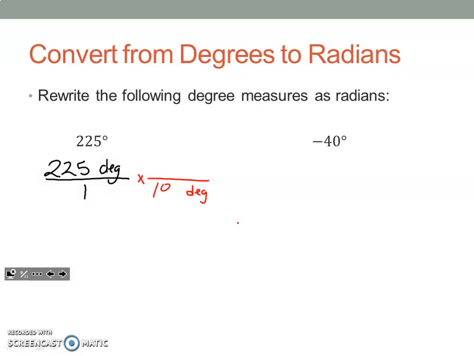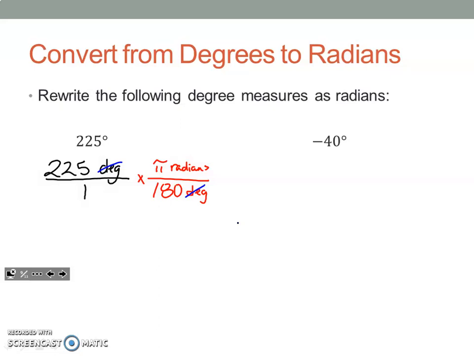So I'm going to have 180 degrees on the bottom, and up top, I'm going to have pi radians. And remember, the reason that I know I want to do that is I need to cancel these degrees so that I will now have it in radians. So I've got 225 degrees times pi radians over 180.